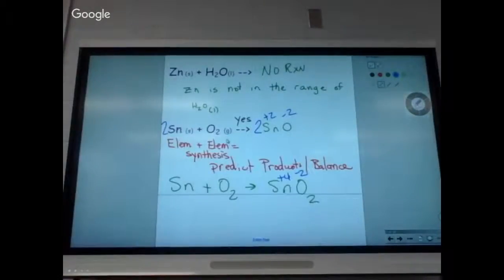On the sheet y'all just did, y'all were asking Miss Wall, why'd you give me that iron 3? Why didn't you just write iron? Why'd you give me that Roman numeral 3? And I was like, oh, it's just to confuse y'all, so y'all will write it down. Is it really to confuse y'all? No. It's so you guys know which one to use in the equations, right? Here I didn't say which Sn to use, and now y'all are saying, you didn't tell me which one to use, Ms. Wall.